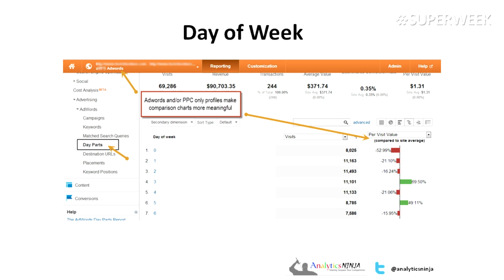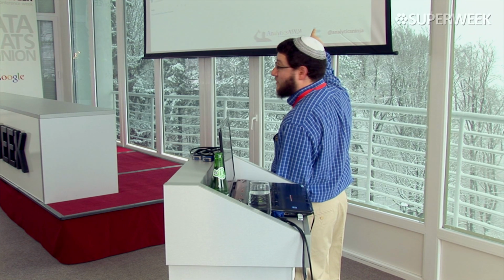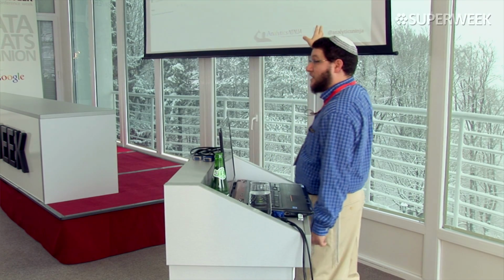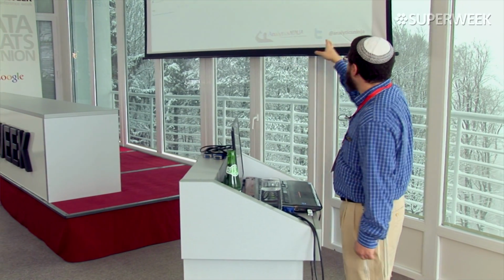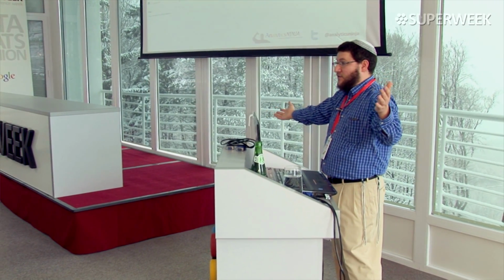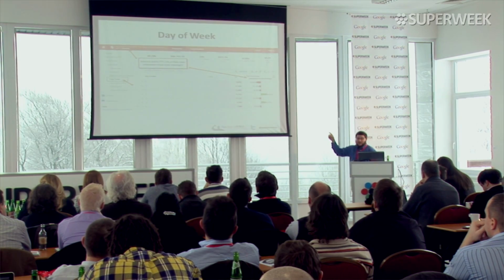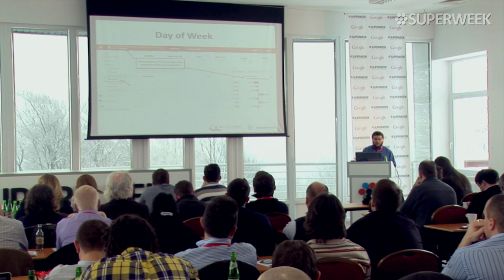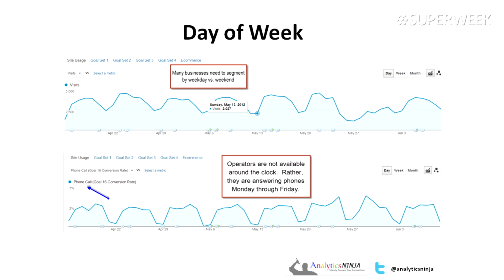Create a profile only for your AdWords traffic, a profile only for your PPC traffic as well, right? Because then when you compare to the site average within the profile, this is going to be much more meaningful. How do my ads perform on different days as opposed to comparing against everything lumped together? So in order to get better comparative metrics, create your own profiles.